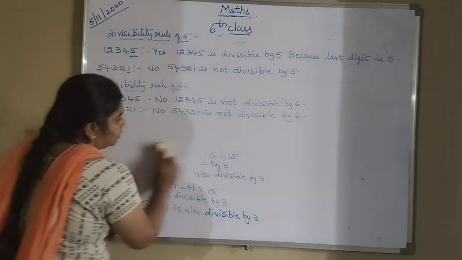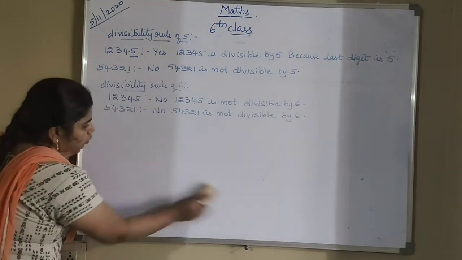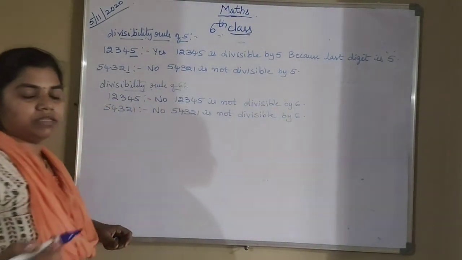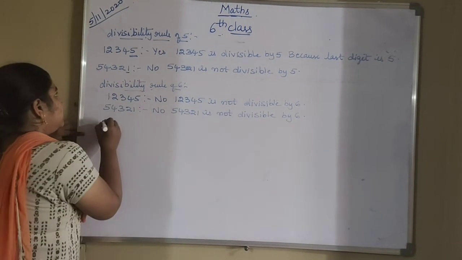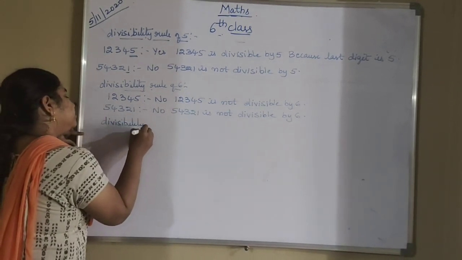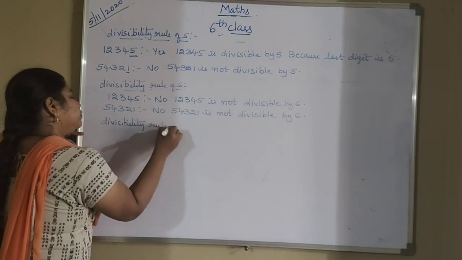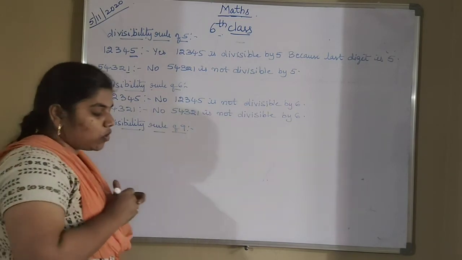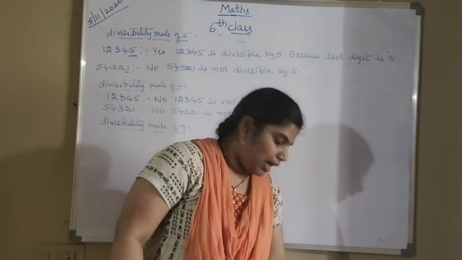So what is 9? The sum of all digits should be divisible by 9. If you add all the digits, it should be a multiple of 9.